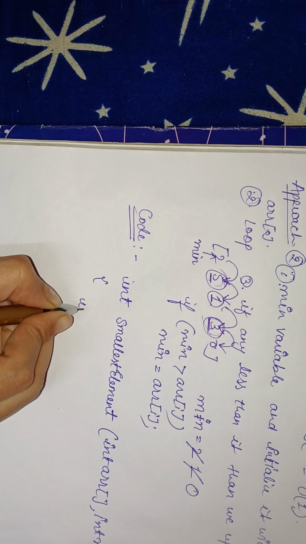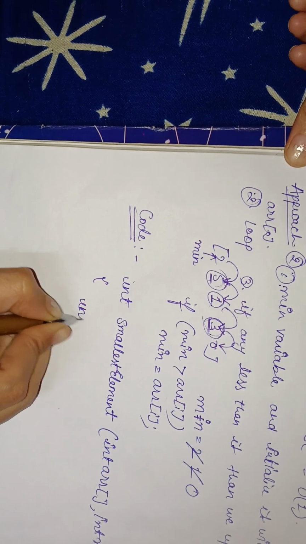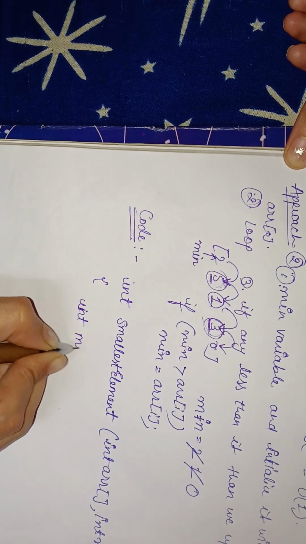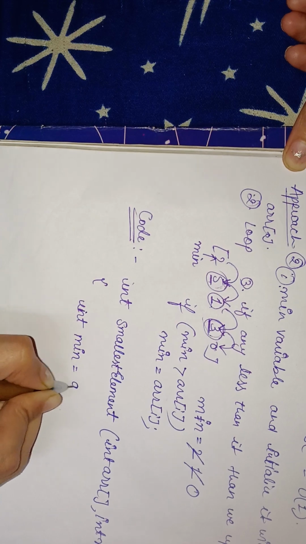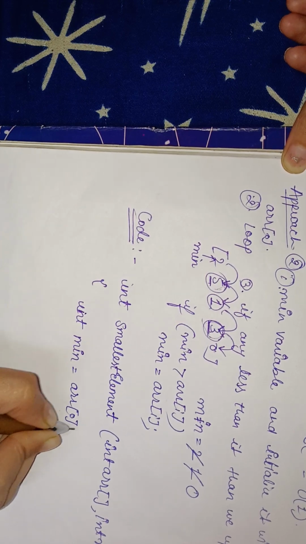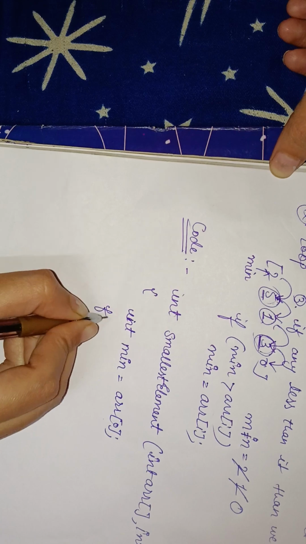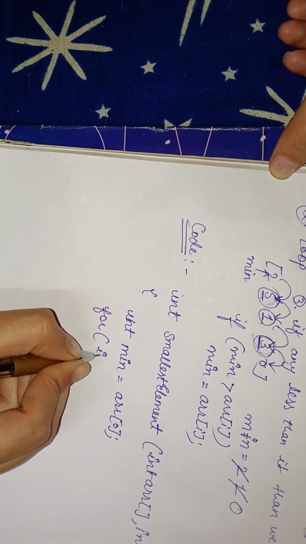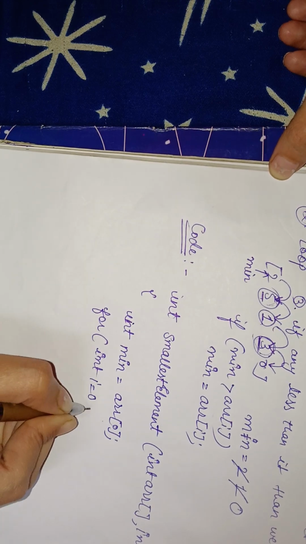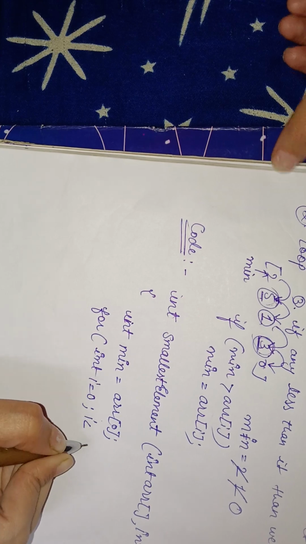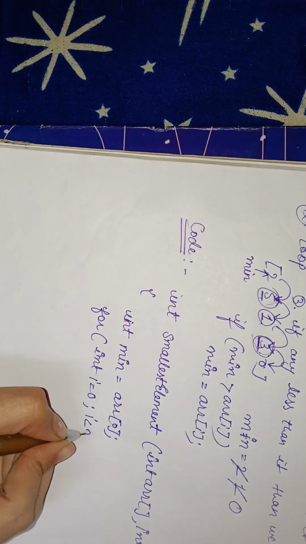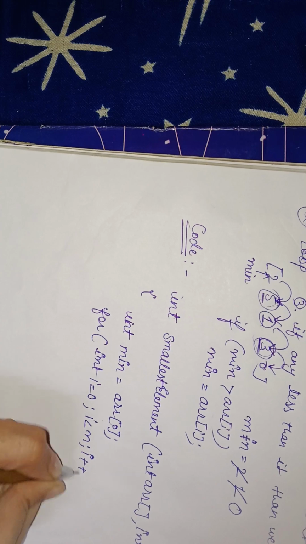First we take min, in which we store our array of 0, and start a for loop from int i equals 0 to i less than n, i plus plus.